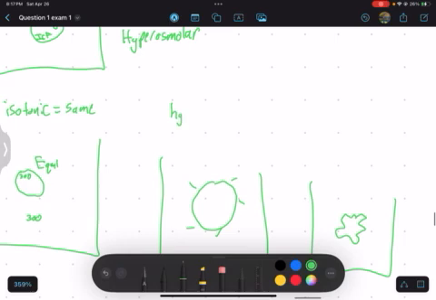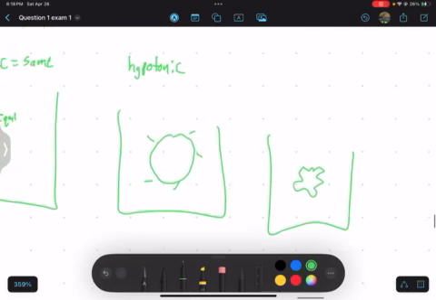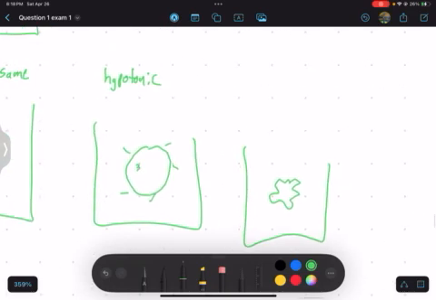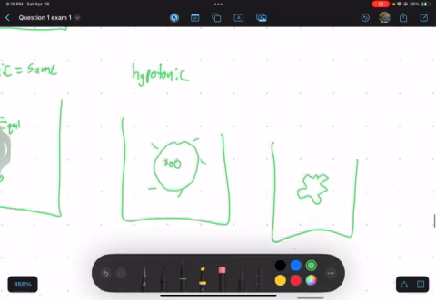Then we're going to have a hypotonic solution. This is usually an occurrence whenever you have a solution that has more solutes inside the cell, so the water is going to want to rush in, causing the cell to swell.